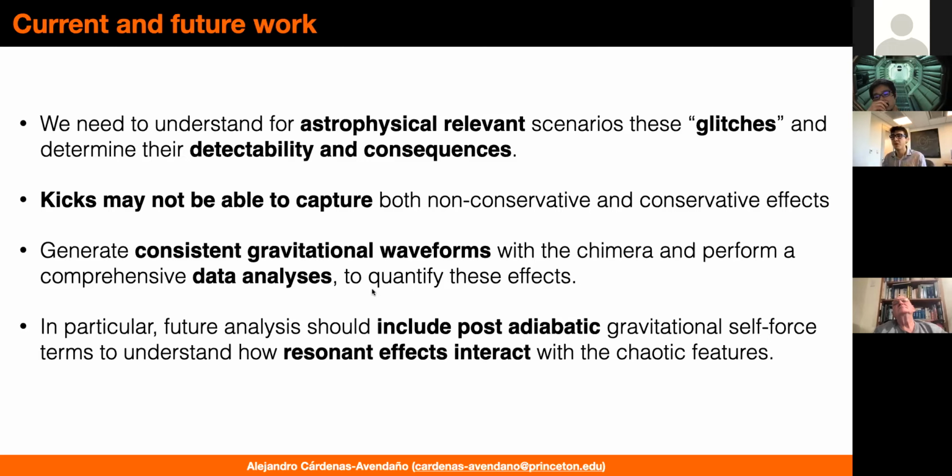So we really have to study the conservative effects and perhaps put them in a more consistent way. And for sure include post-adiabatic terms, because these effects are minuscule, but they will perhaps accumulate in phase over the evolution of the EMRI. And with that, let me again thank the organizers for giving me this opportunity to talk.